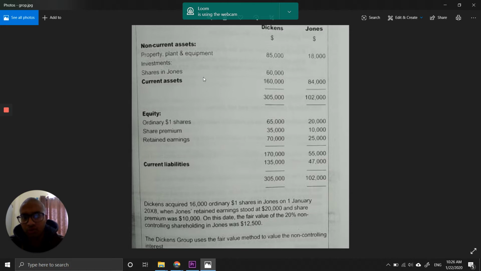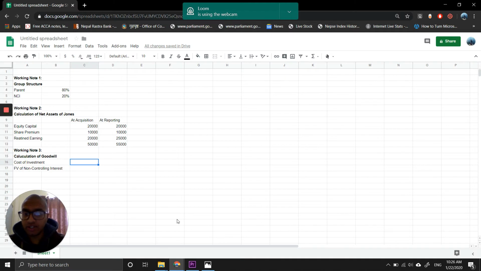When you don't have that particular amount, the question might trick you: what is the investment amount? You can always see it in the parent's individual statement. Here it says shares in Jones, 60,000. So that's your cost of investment, and we will use that figure. So 60,000, and then 12,500 is your value of non-controlling interest, right?